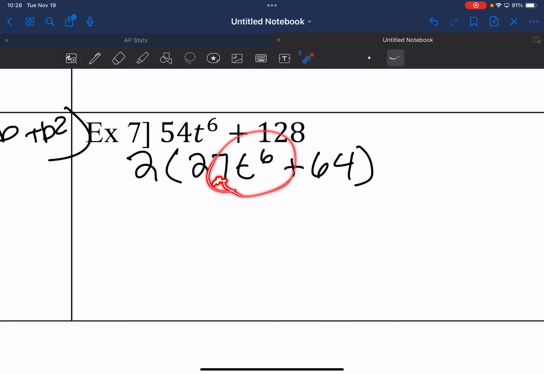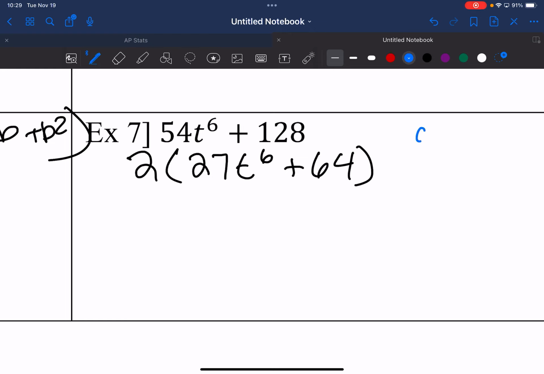T to the 6th power, is 6 a multiple of 3? Yes, that means we can still use the law of cubics. But that means when we're writing our answer, we're not going to just start off with t squared, t, like we were doing in the other ones. We're going to have one more t added to it.